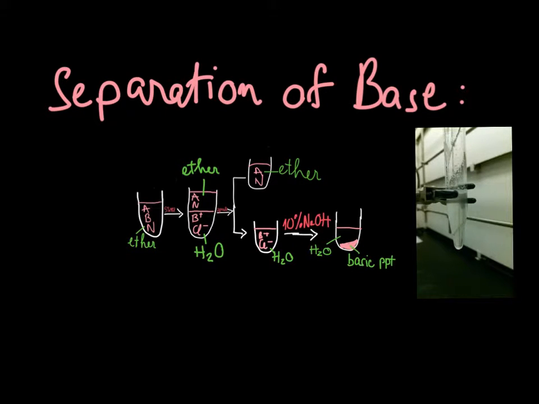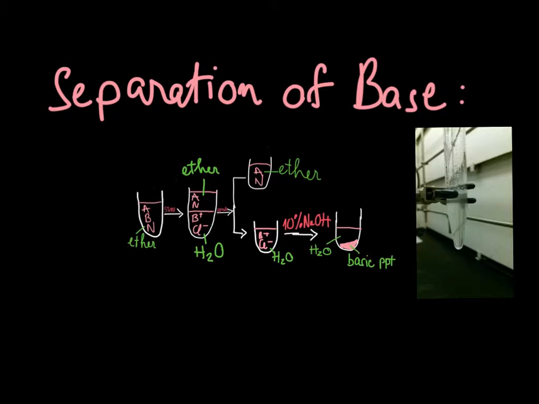So now I will explain how the base was separated. Now we have an ether and water layer. For the water layer, we will add 10% sodium hydroxide, because sodium hydroxide is a strong base.